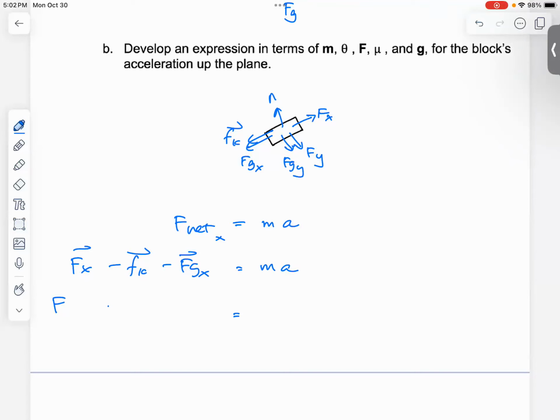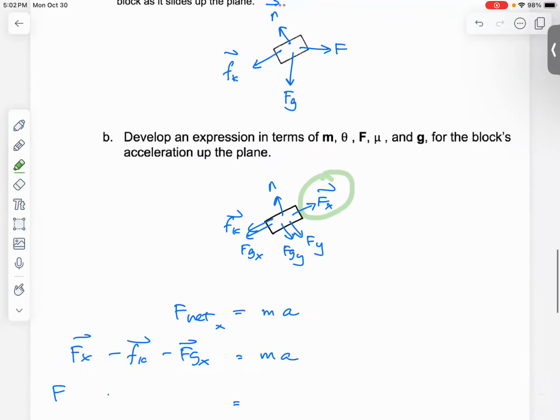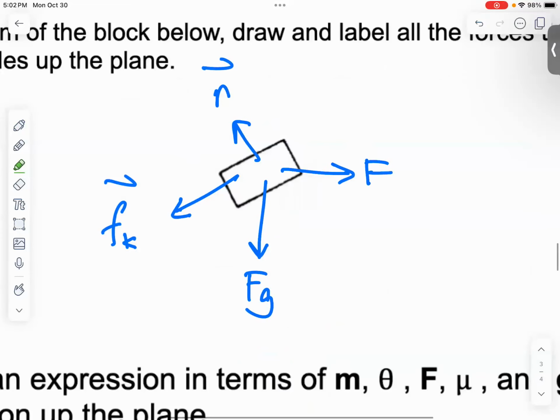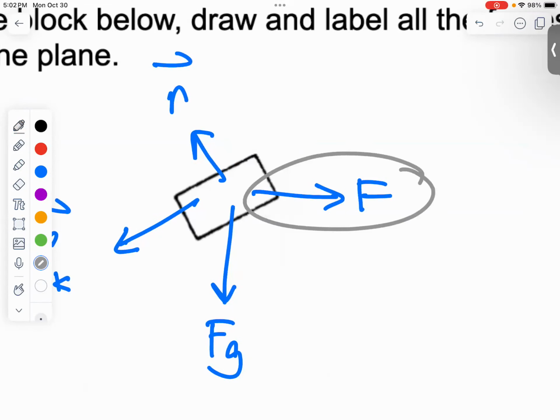Fx is not just F. You have to break the applied force down into two different components.